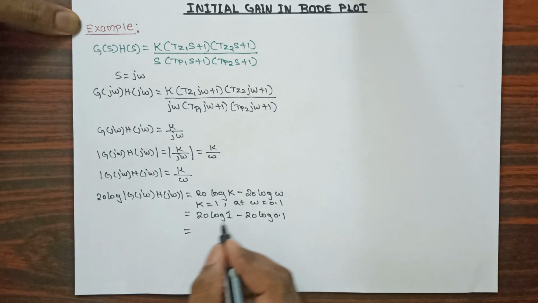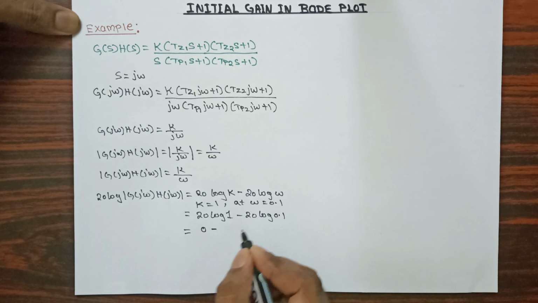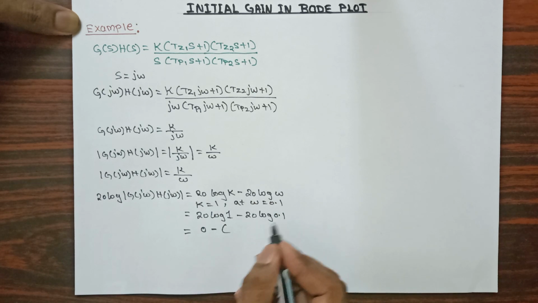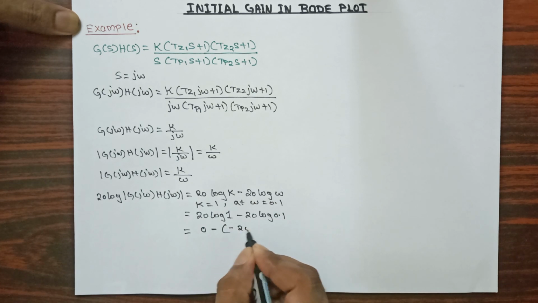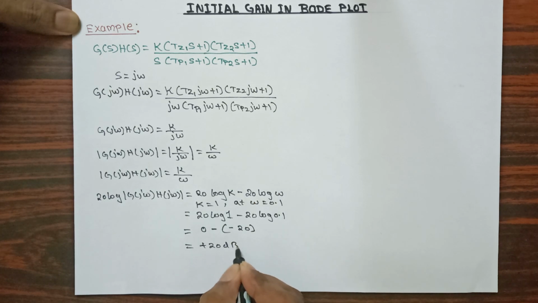Here we know that log 1 is 0, therefore 20 log 1 is 0, and minus 20 log 0.1 is minus of minus 20. So therefore the initial gain is plus 20 dB.